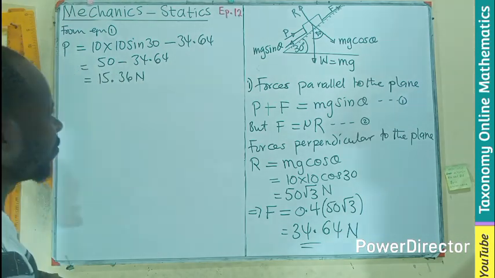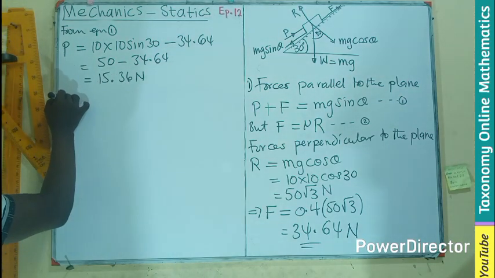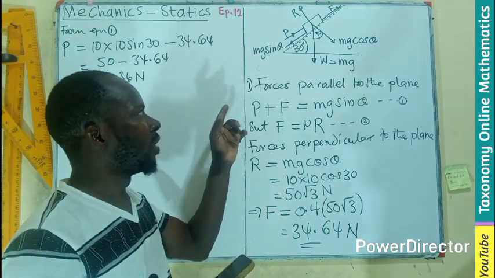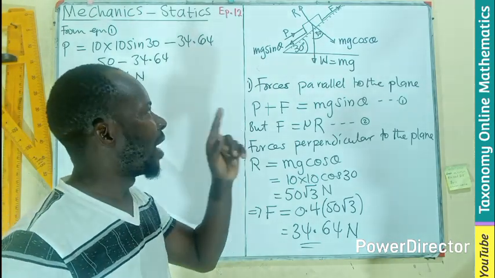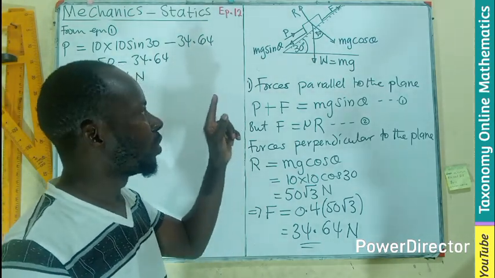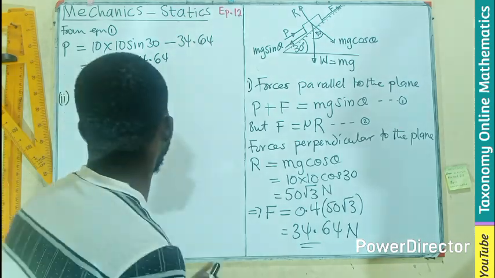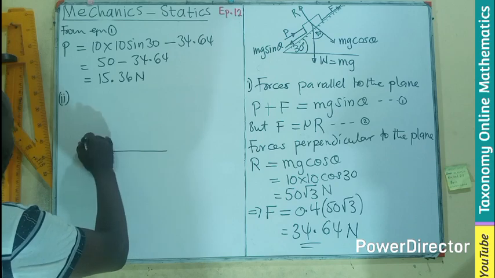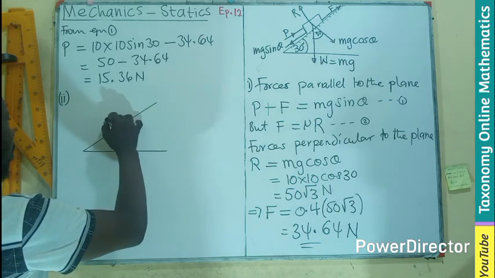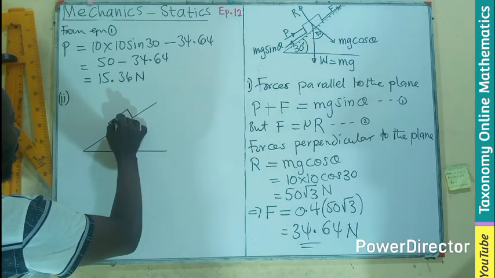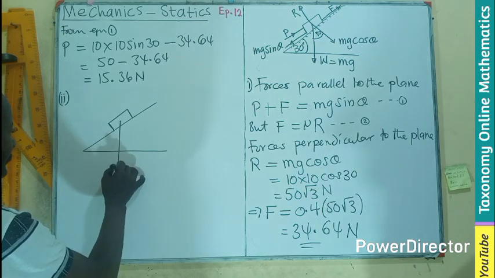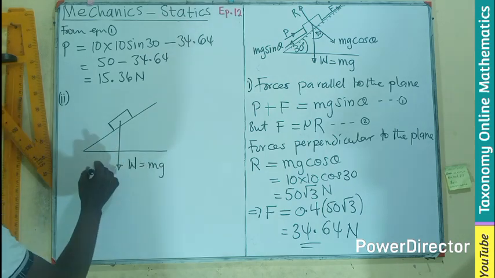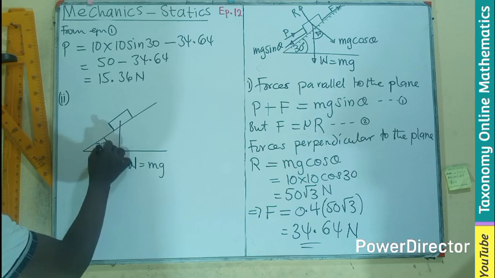All right. Then for the second part, we are looking for the force that will push this to move upward. Remember, if the force is going to push this upward, let's see, can I make a different diagram? This is the weight coming down as mg.